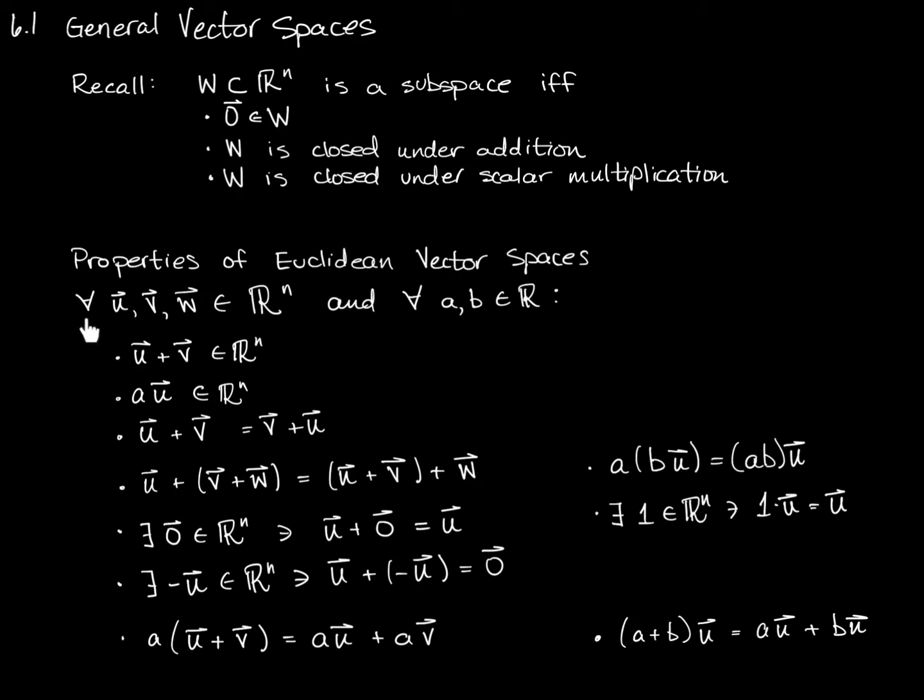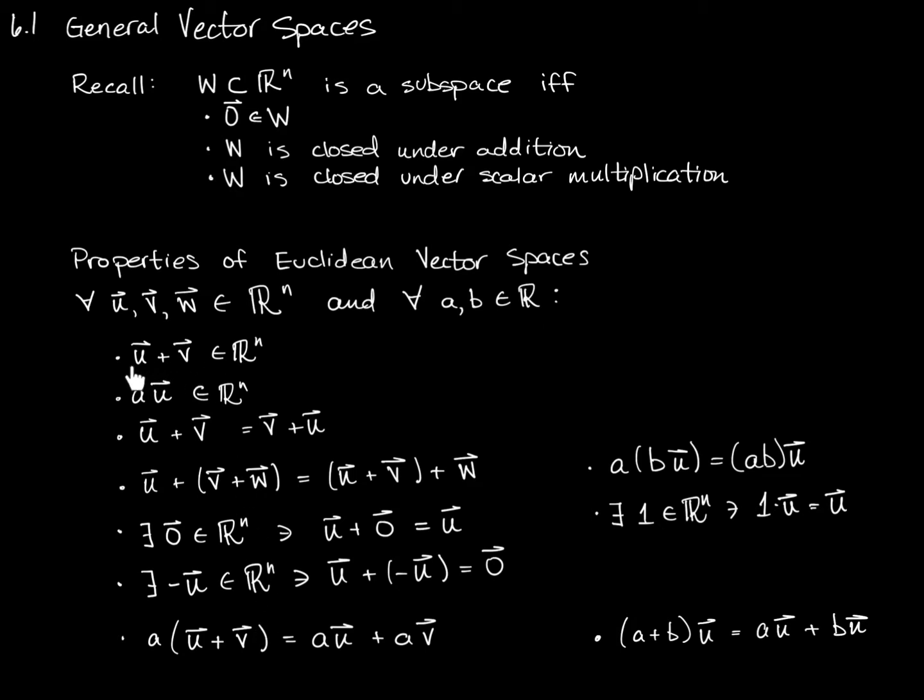This means for every u, v, and w, so for every vector that you find in that vector space. For all, or for every. No matter which three generic vectors I use in my properties down here, it's true of all of them, not just these three. And I can use any scalars that I want in the real numbers. So for any vector in the space and for any scalar, the following properties are true.